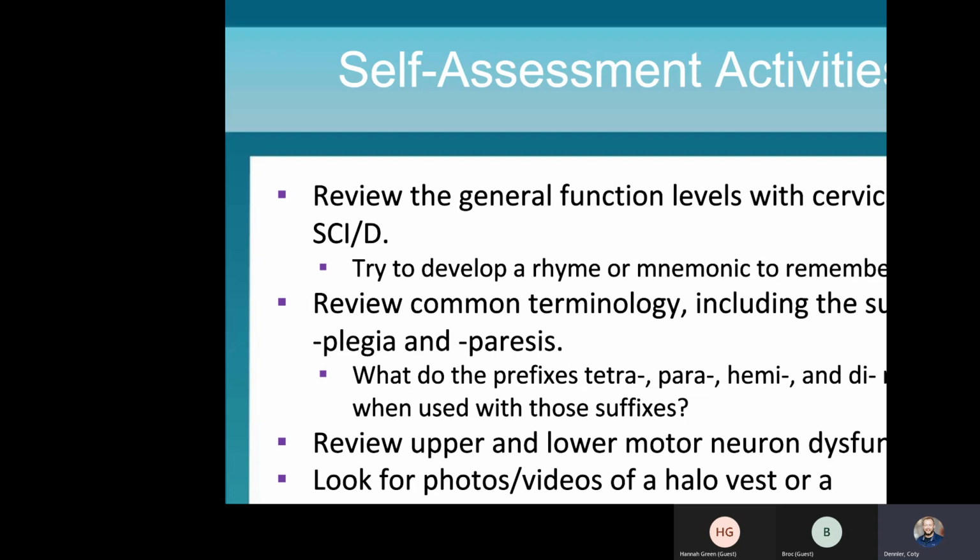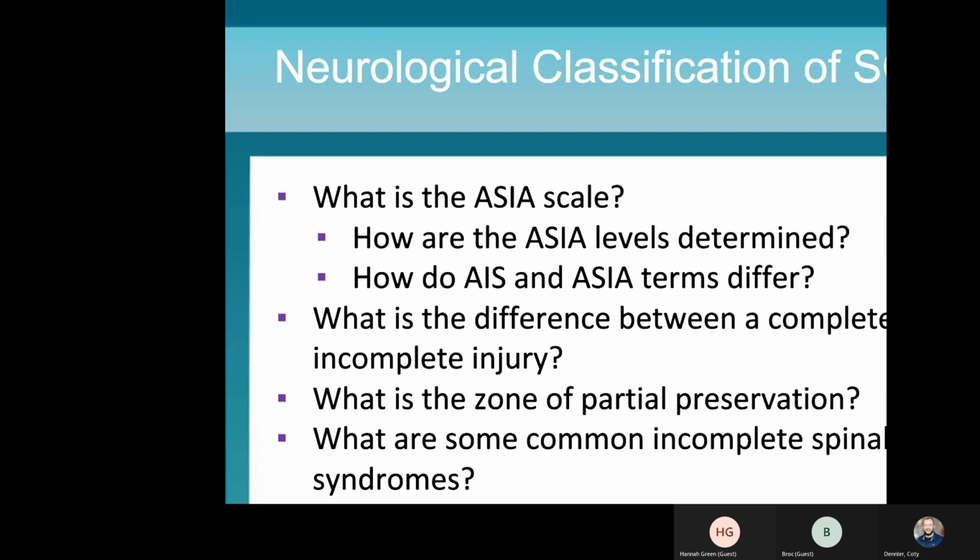All right, so let's look at the ASIA scale. ASIA stands for American Spinal Injury Association. There are different standardized assessments and classifications.